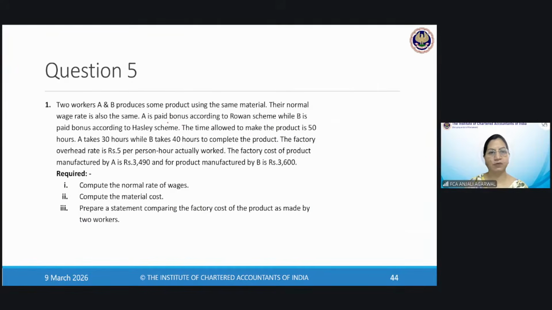Here you get one more this type of question. There are two workers A and B. They produce same product using same material. Normal wages also same. A is paid as per Rowan plan. B is paid as per Halsey plan. Time allowed is 50 hours.